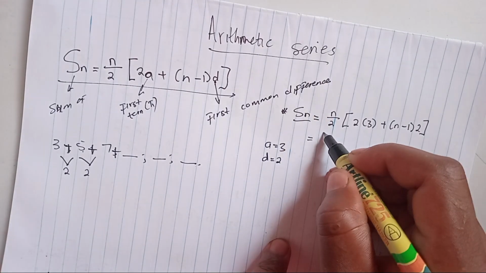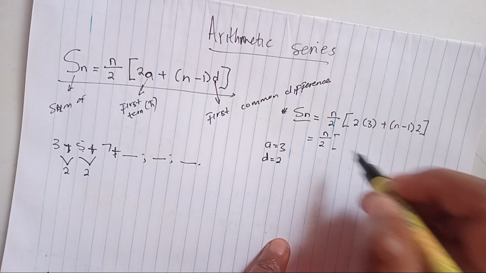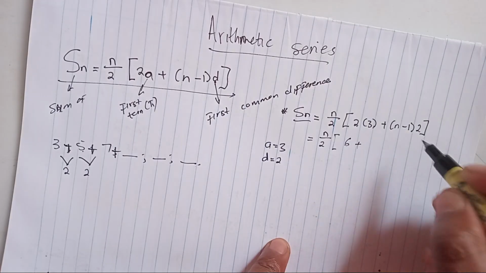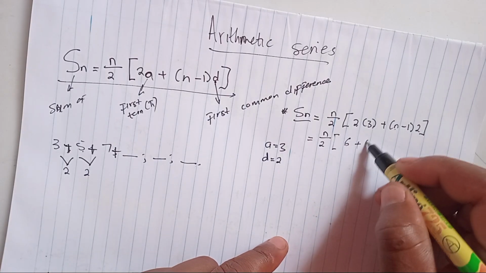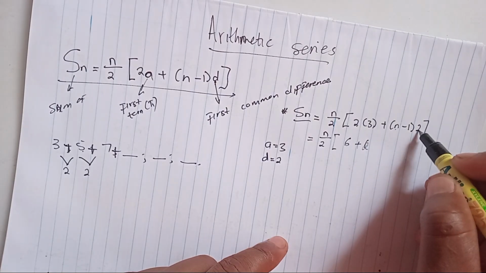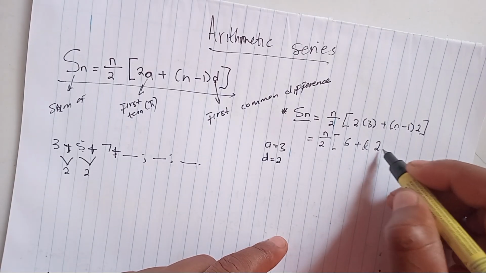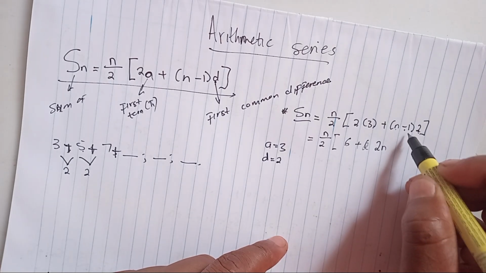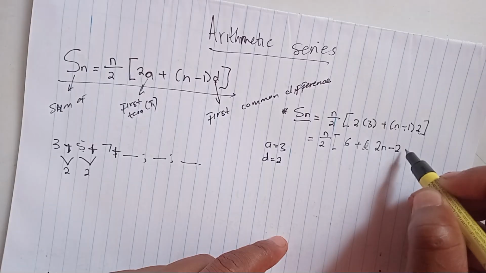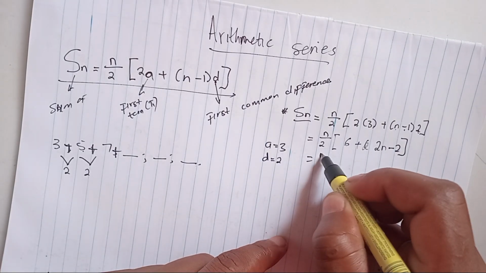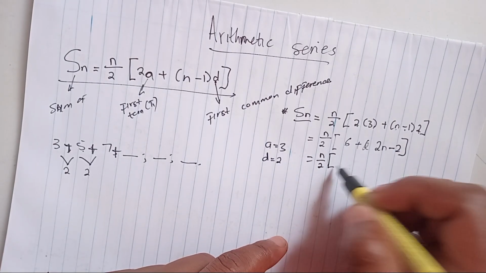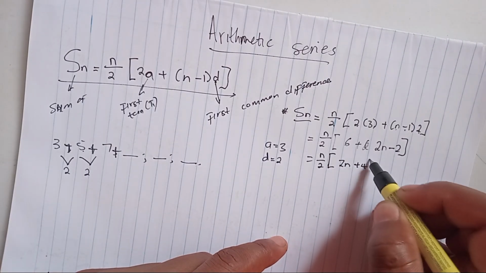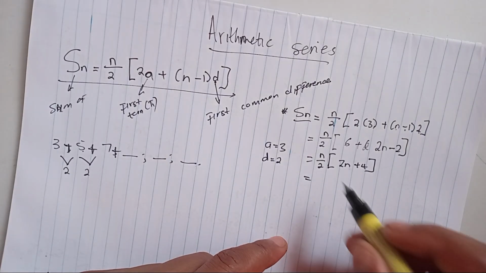N over 2 into the brackets. 2 times 3 gives us 6, plus 2 times n gives us 2n, and 2 multiplied by -1 is -2. And then we simplify further in the bracket: 2n, and 6 minus 2 is 4. And then let's multiply everything out.